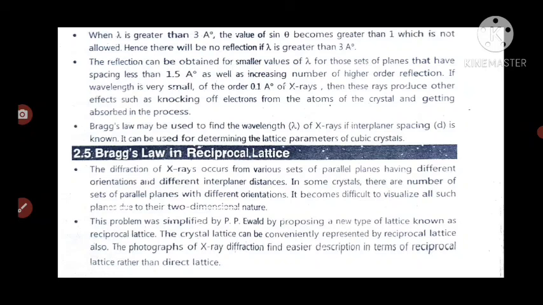X-rays of the order of 0.0 angstrom unit knock out electrons of the atoms of the crystal and are absorbed in the process.